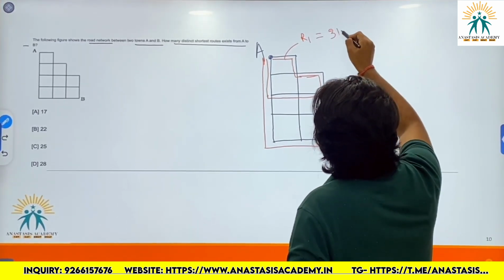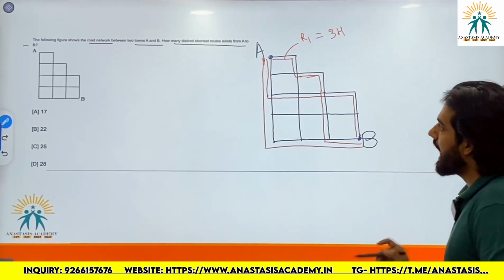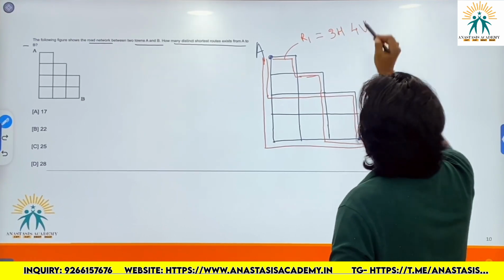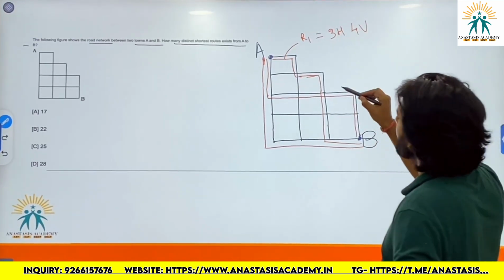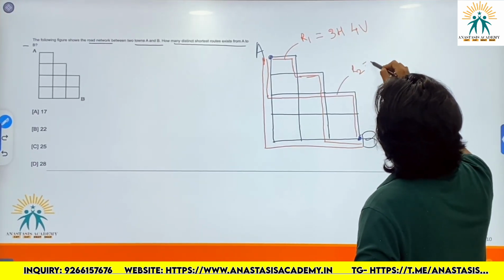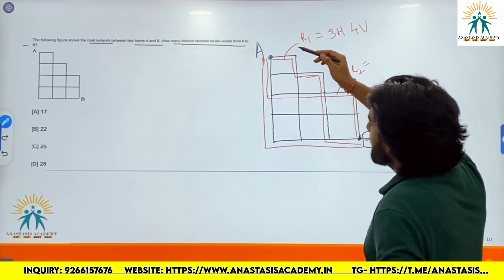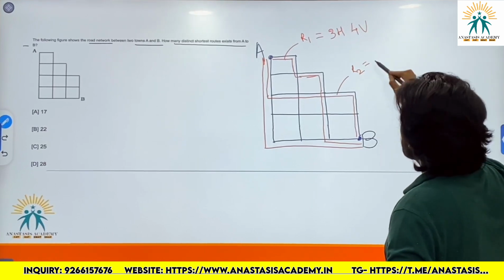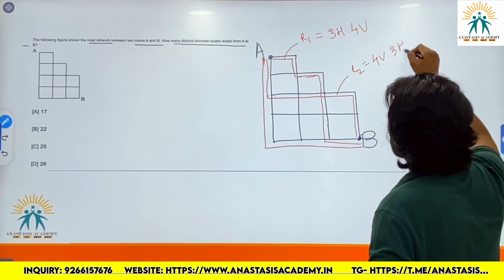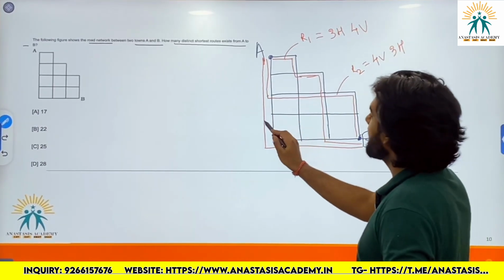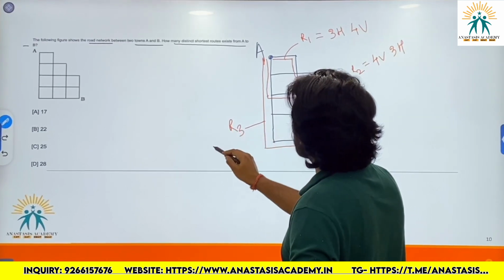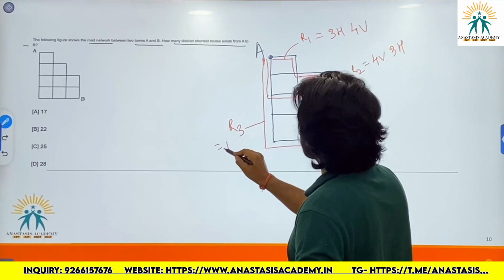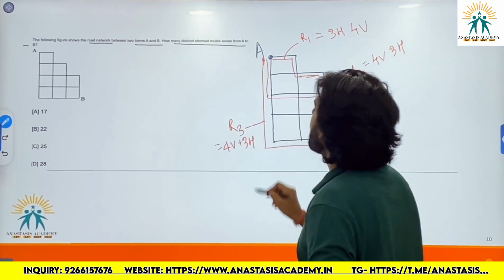So he has to take 3 horizontal steps and 4 vertical steps. In route 2, someone has taken 2 vertical, then 3 horizontal, and then 2 vertical. So 4 vertical and 3 horizontal, same. And in route 3 also, first 4 vertical steps are taken and then 3 horizontal steps. So 4 vertical plus 3 horizontal.